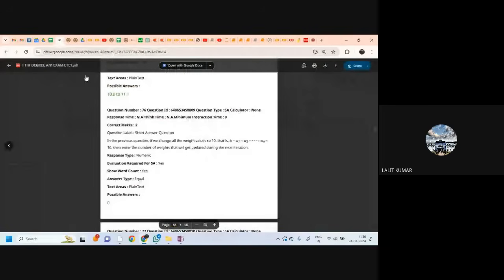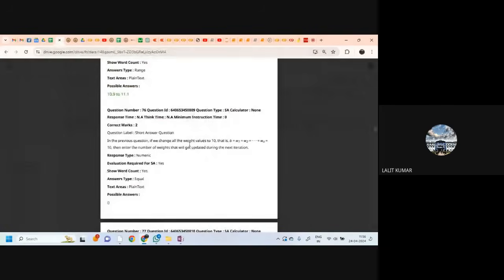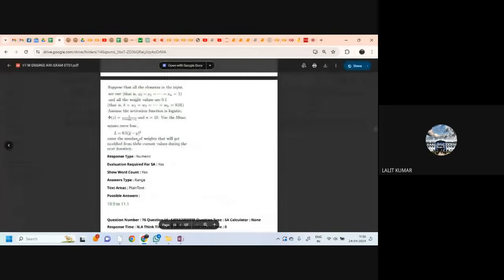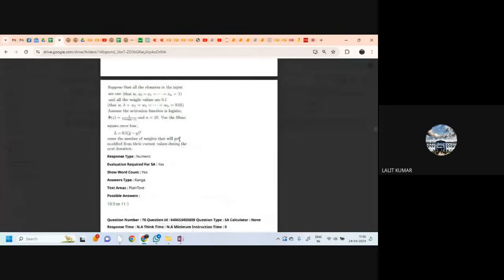They are saying that if we change all the weight values to 10, that is bias and all the weights, in the previous question they are asking the number of weights that will get modified from the current values during the next iteration.